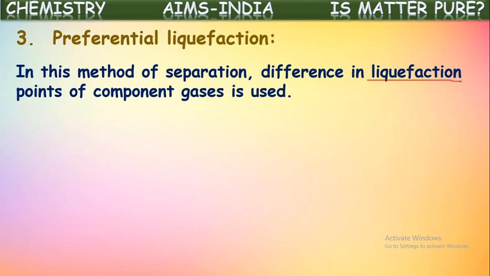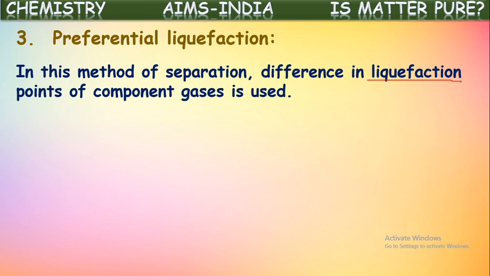For example, water vapor converts into liquid water at 100 degrees Celsius, as it is its boiling point. The same will be its liquefaction point also. On cooling water vapor to 100 degrees Celsius and below, it starts converting into liquid form. That is called liquefaction, or is also called condensation.